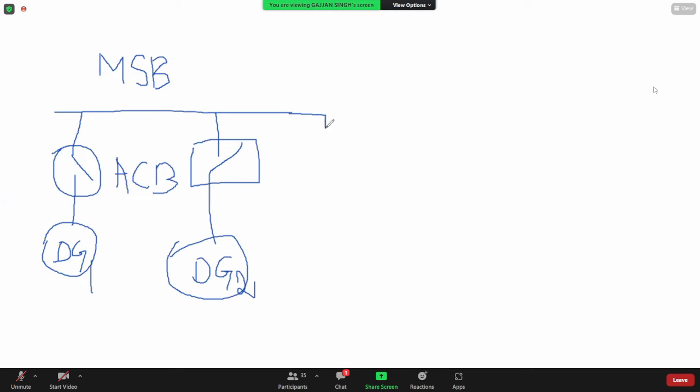Then there is one breaker here on the main switchboard. Then there is an emergency switchboard. There is always one emergency switchboard on a ship. The emergency switchboard is away from the engine room, so that fire and flooding in the engine room should not disturb the emergency switchboard.